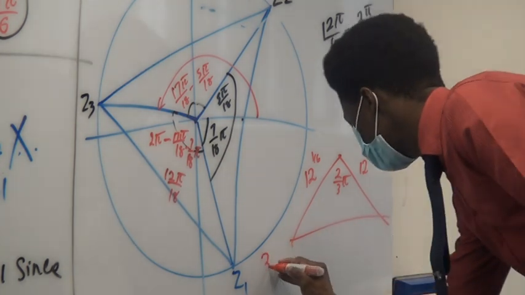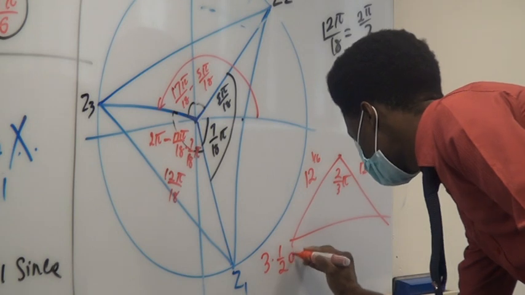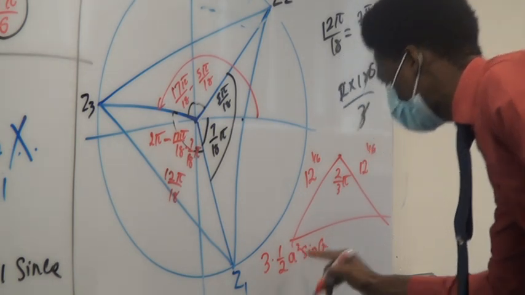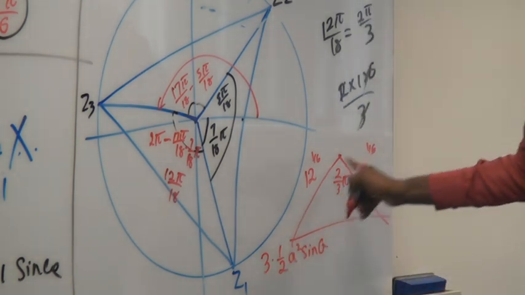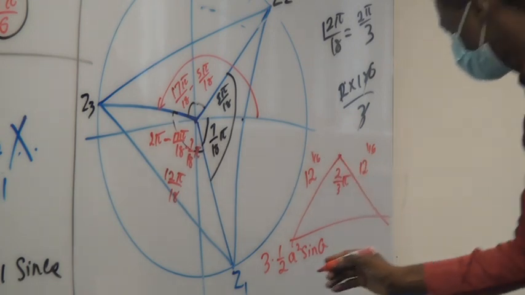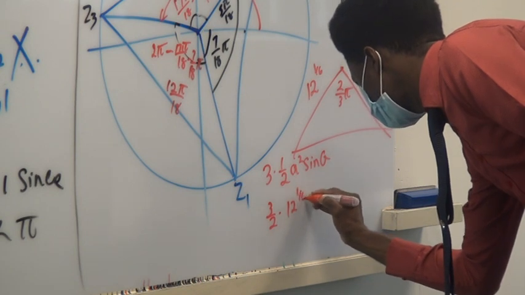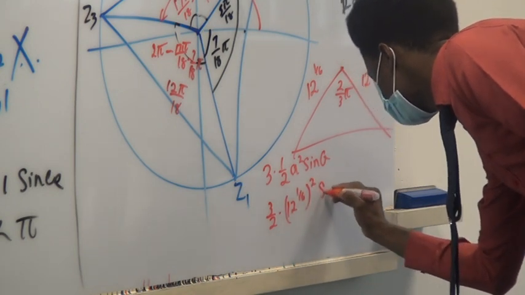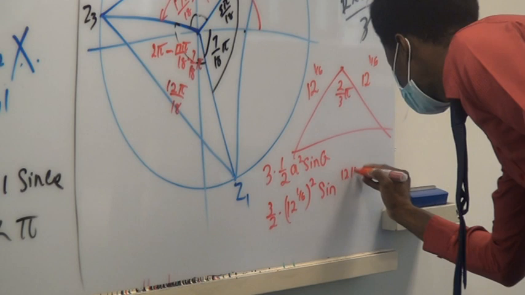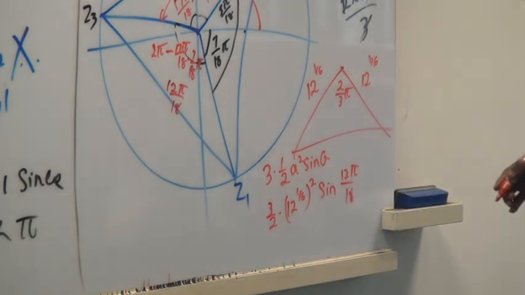So basically it's 3 times half a squared sine theta. I use a squared because a and a are the same in this case. So it's going to be 3 over 2, 12 raised to the power 1 over 6 squared, sine of 12 pi over 18. And that is how you find the area.